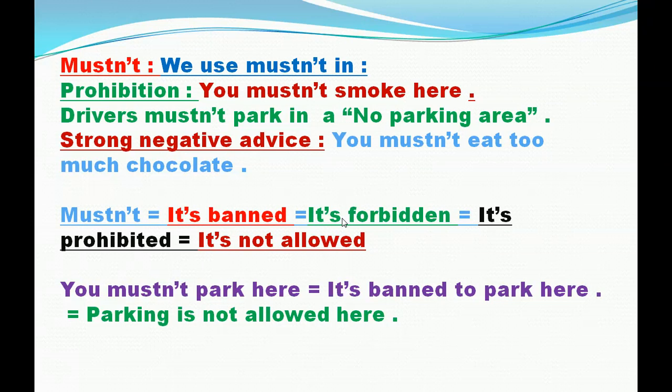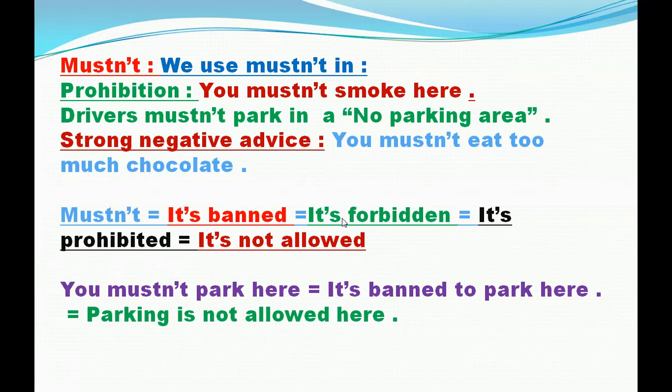Mustn't. We use mustn't in prohibition. When I say you mustn't smoke here, you mustn't smoke here. Drivers mustn't park in a no parking area. We also use mustn't in strong negative advice.